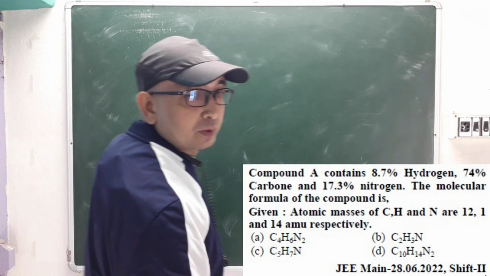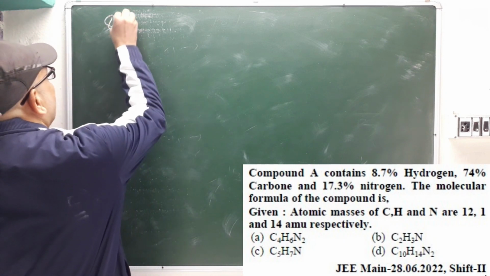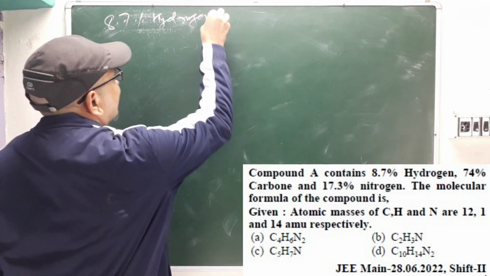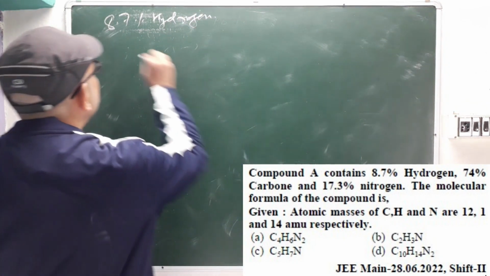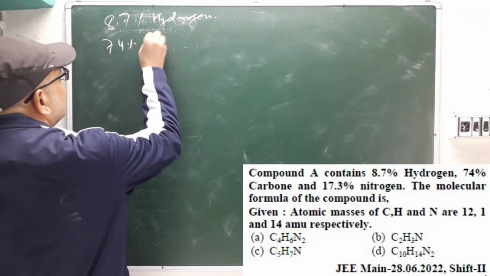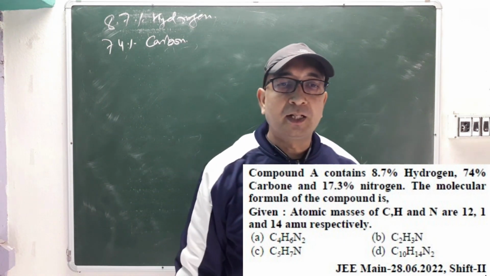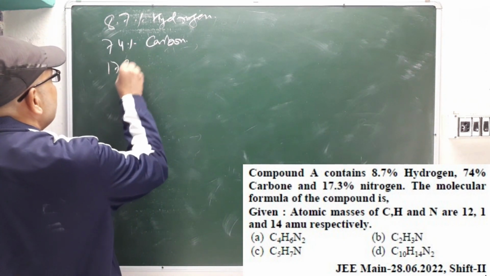I'll write it down along with that. Compound A contains 8.7% of hydrogen, then 74% carbon, then 17.3% nitrogen.